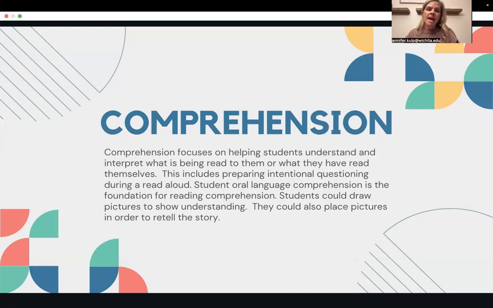You might have students place pictures in order to retell the story and then have them retell the story. There's so many different options for you to provide activities for students to show that they are truly understanding what the reading is saying. So these three components are extremely important, just like all the others.